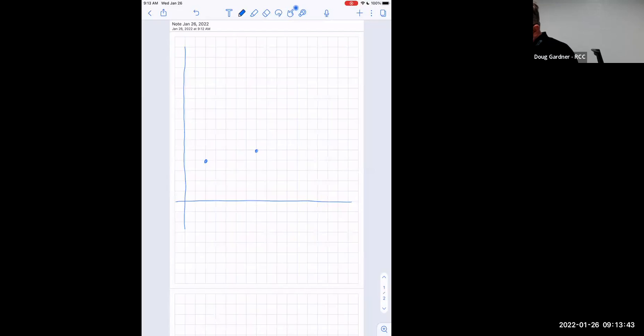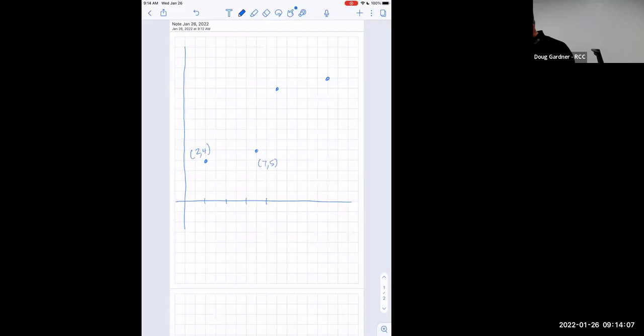I'm graphing those 4 points right there. Let me tell you what they are. This is the point 2, 4. This is the point 7, 5.